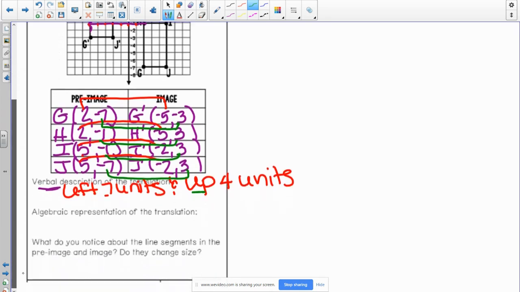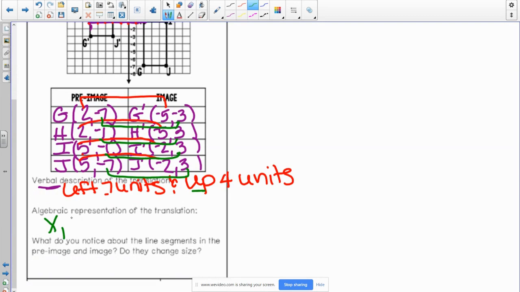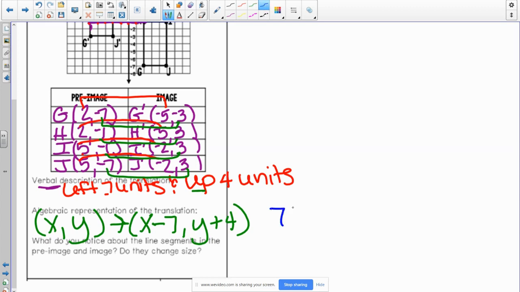So our algebraic expression would be x comma y. That means any of the original points, if you take them and you subtract 7 from the x, and to the y you add 4, you should get that. So let me do it backwards, give you an example. So let's say I knew I was at 5, -1.